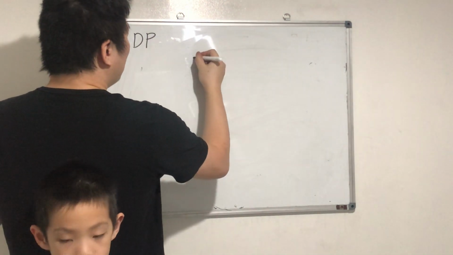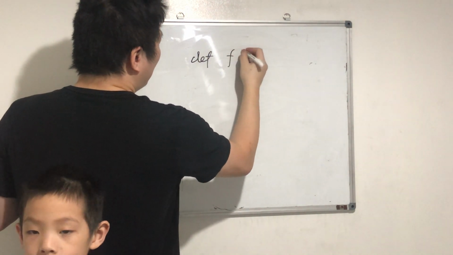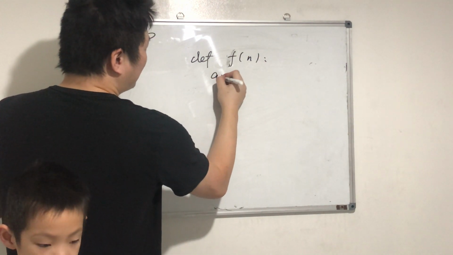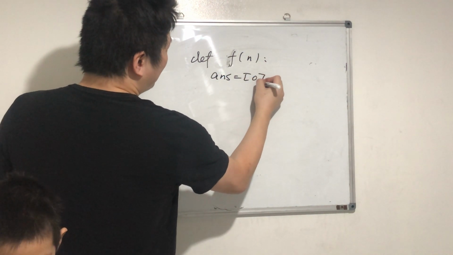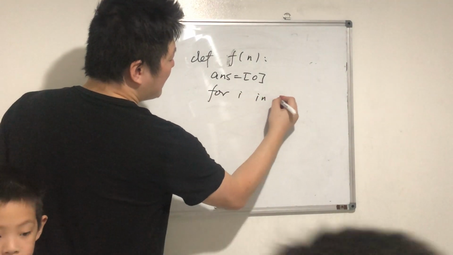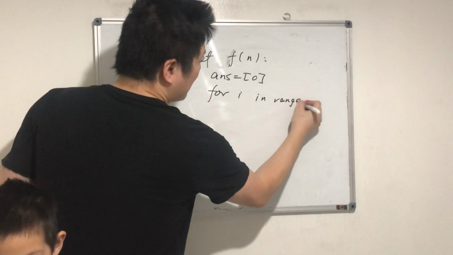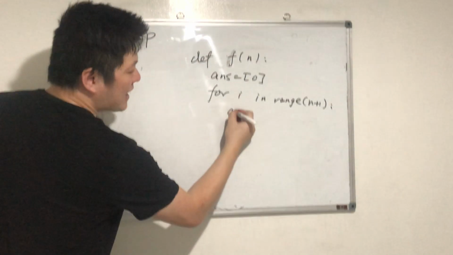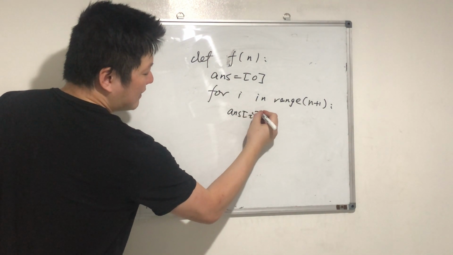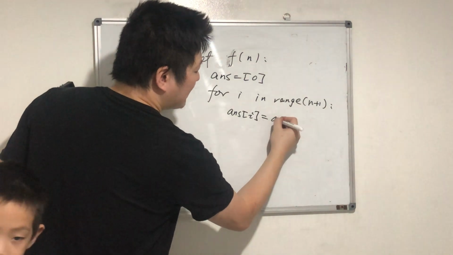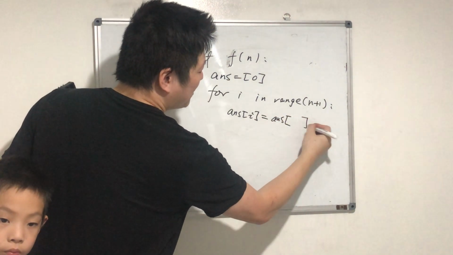Look, define f of n, and then I do answer equals, because the first one is 0. Then I can do for i in range n plus 1. Answer i equals what? Remember what should we do here?